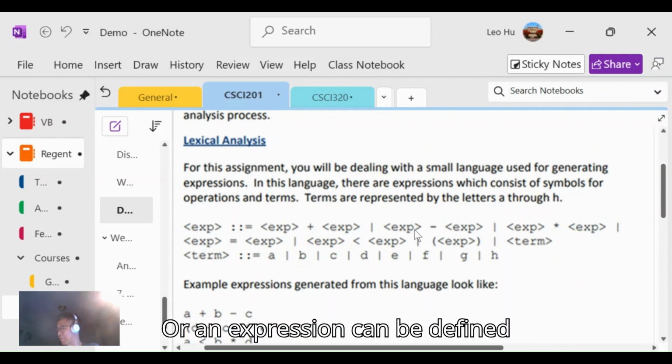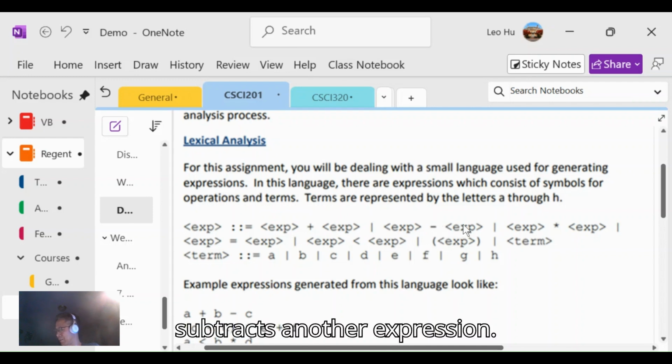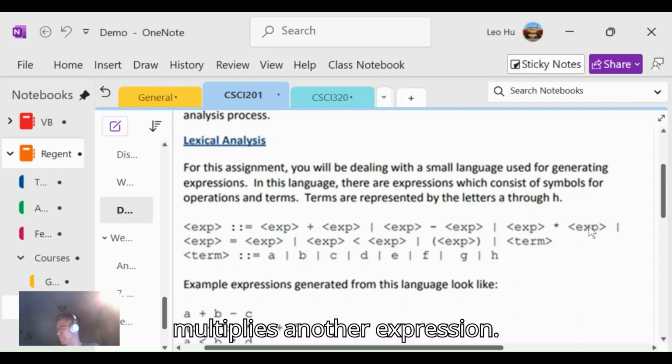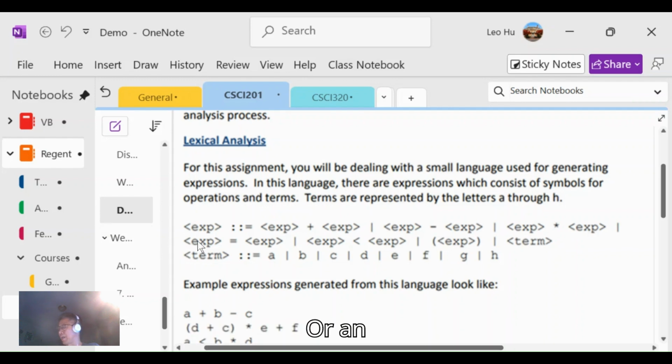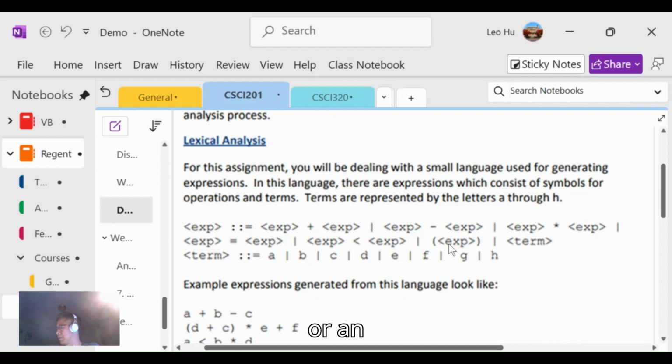Or an expression can be defined as an expression subtract another expression, or an expression multiply another expression, or an expression equal to another expression, or an expression smaller than another expression, or an expression enclosed in a pair of parentheses, or a term.